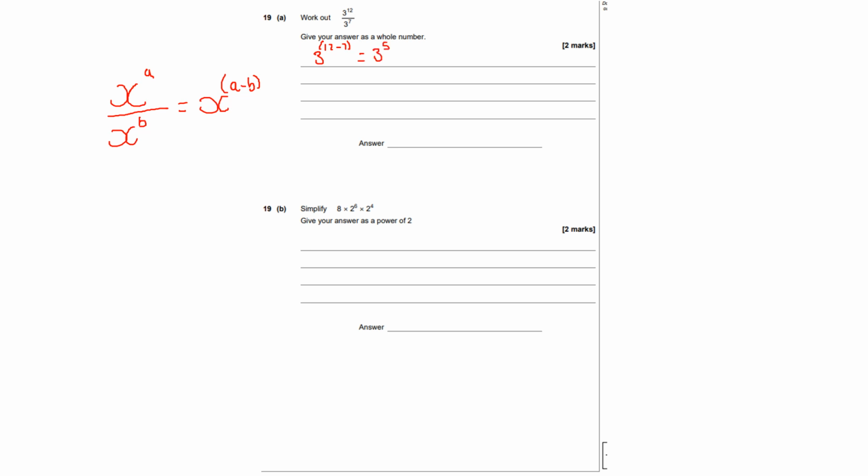So let's work out 3 to the power of 5. So we'll do it bit by bit. So 3 times 3 equals 9. Times 3 equals 27. Times 3 equals 81. Times 3 equals 243.